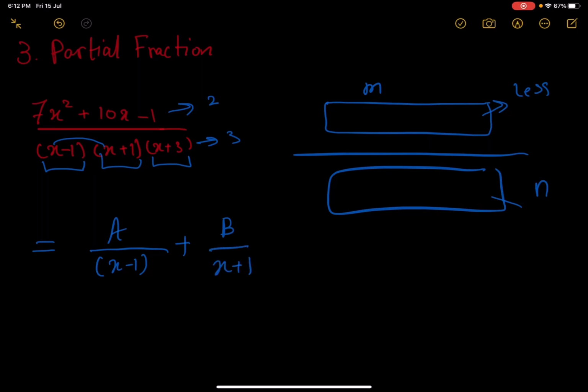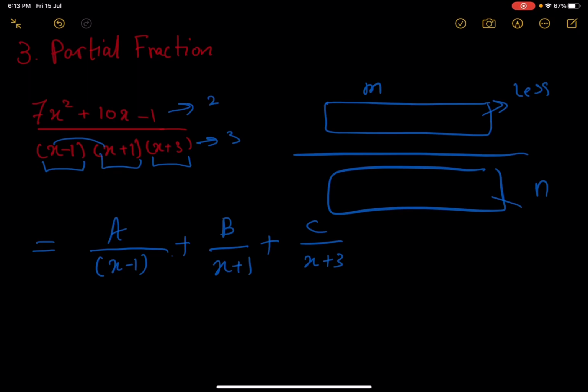Note that between the terms we have plus, the addition sign. However, here we had multiplication, but because this is how partial fraction works, then we have c over x plus 3. So we're done with all brackets.